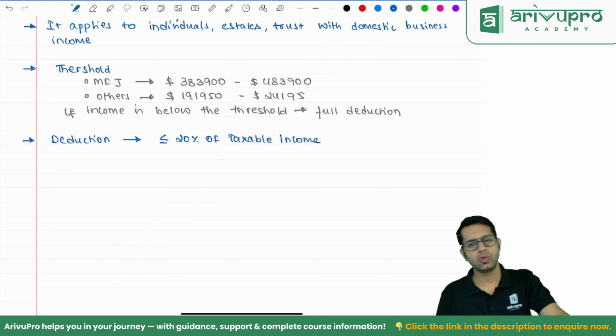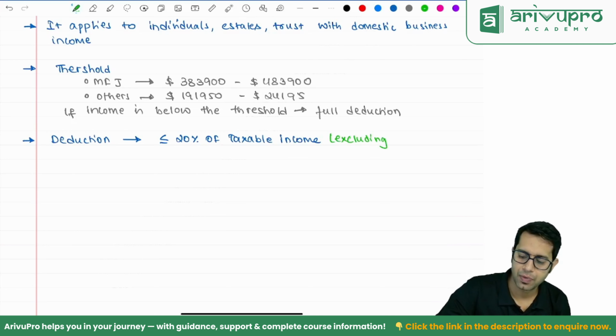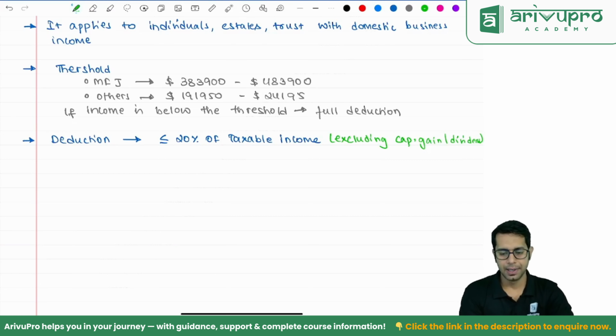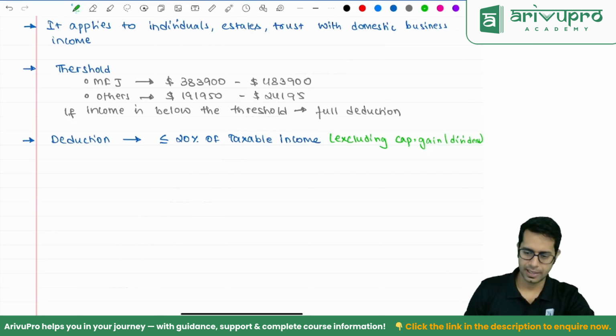Whatever your taxable income is, 20% of that. When you take taxable income, you should not take capital gain income and dividend income. So if you're falling within this limit, you will get the deduction of up to 20% of your taxable income. How much the actual limits are, etc., we'll study from our material.